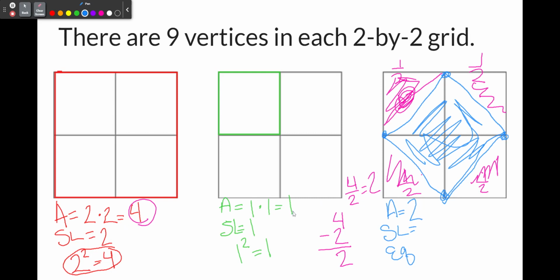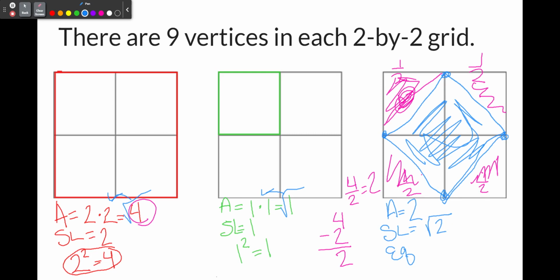Well, our area here was 1, and that meant that if we were to square 1, we ended up with 1. So the square root of 1 is 1. Here, our area was 4. Well, if we square rooted 4, this is how we got 2. So for our side length here, we're going to have to write this actually as the square root of 2.